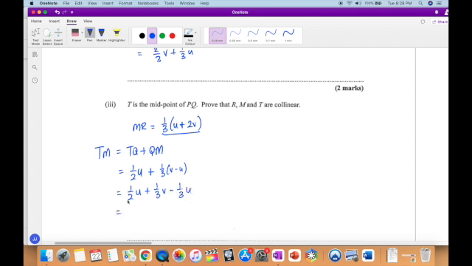So 1/2 minus 1/3 is equal to 1/6, right? So 1/6 u plus 1/3 v. Can we factorize this anyhow?